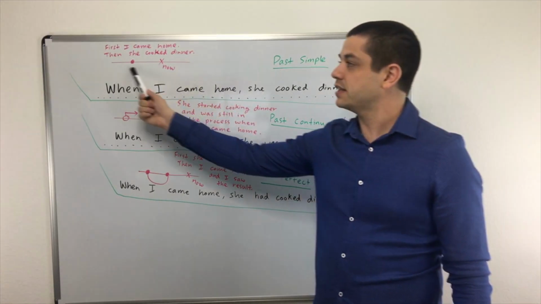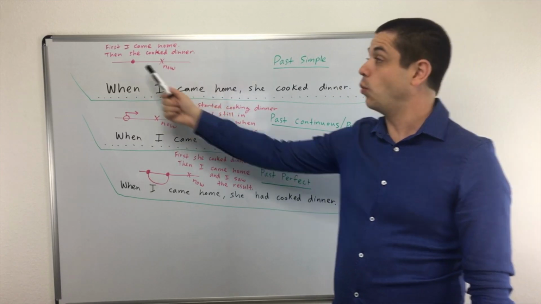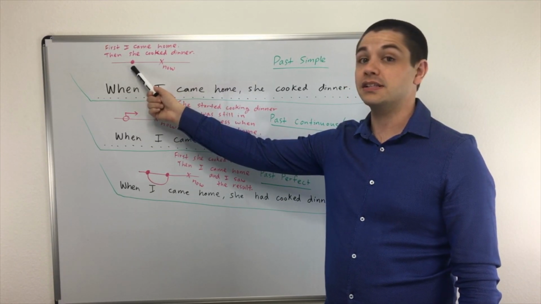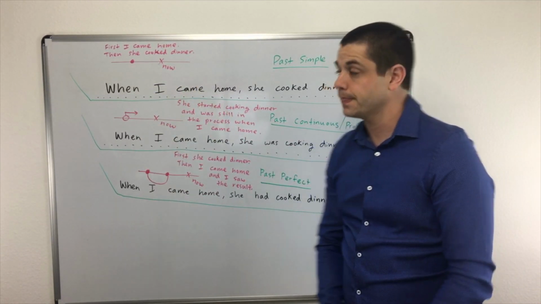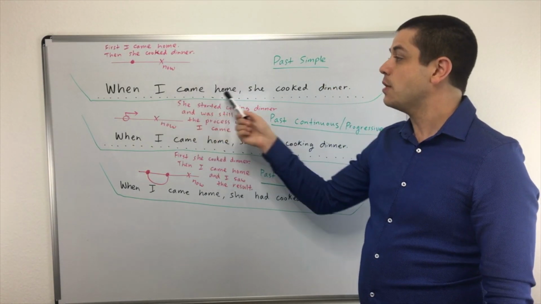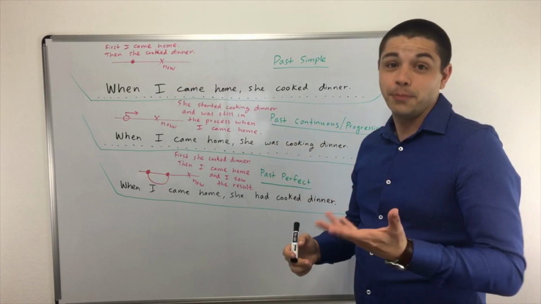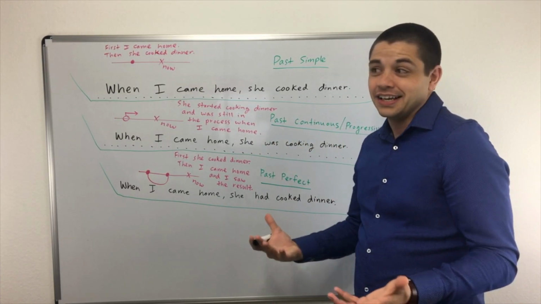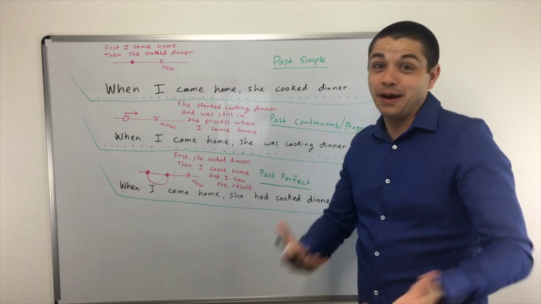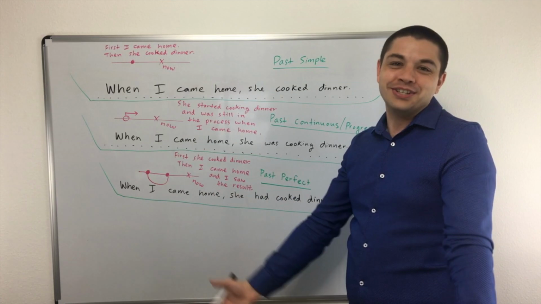Now, if we look at this timeline, we can see that past simple is one action that happens before now. And here's our sample sentence. When I came home, she cooked dinner. This is about my personal life because I'm not good at cooking and my wife usually cooks. So when I came home, she cooked dinner.